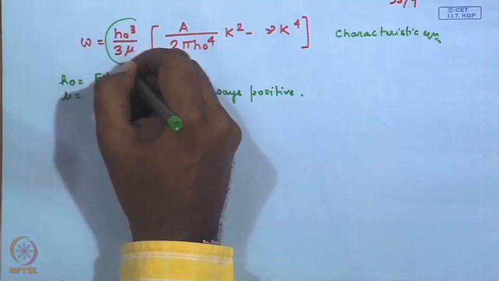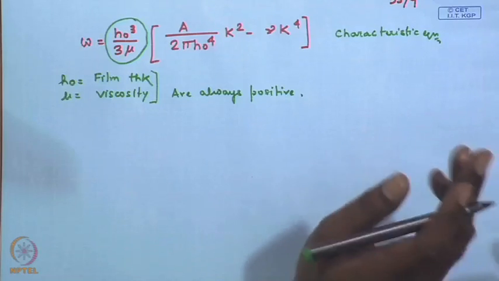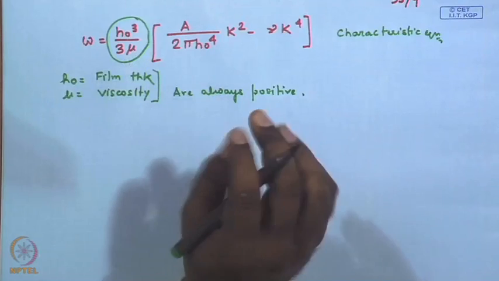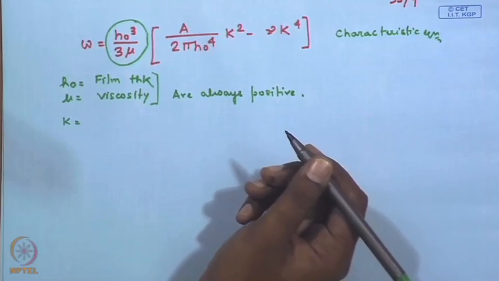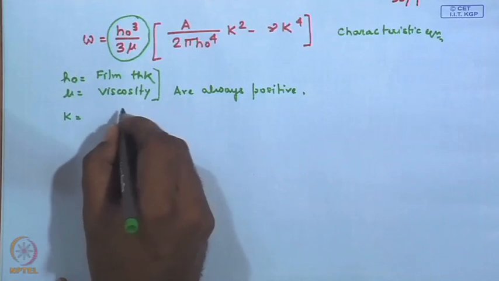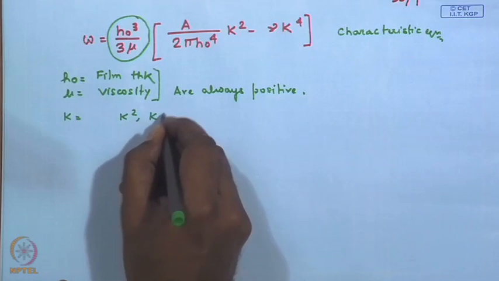Therefore this prefactor H0 cubed by 3 mu is always positive. There is also another interesting thing hidden here, which we will discuss later. k we know is any real number, or k is any integer. So, irrespective of whether k is positive or negative, both the terms are positive.